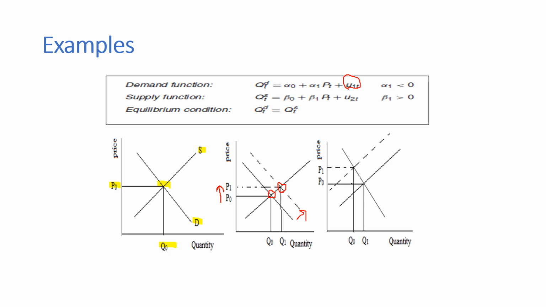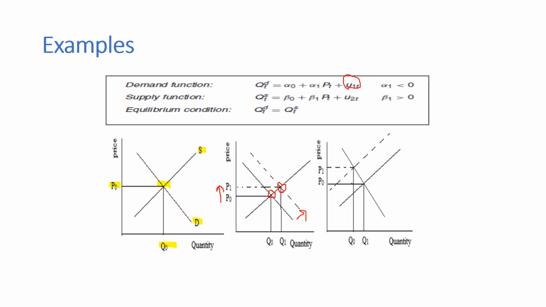So due to a shift in the quantity demanded, the price has changed from P0 to P1. So u1 and P are not independent, because when u1 shifted, affecting quantity, the quantity in turn will affect the price. So there is a two-way influence.